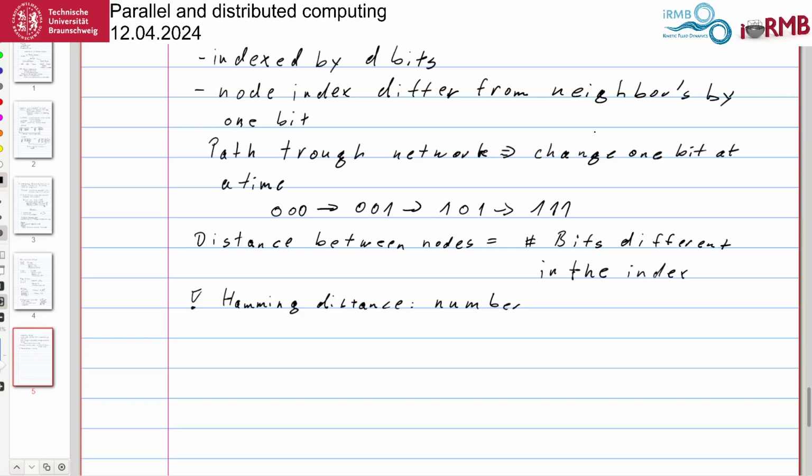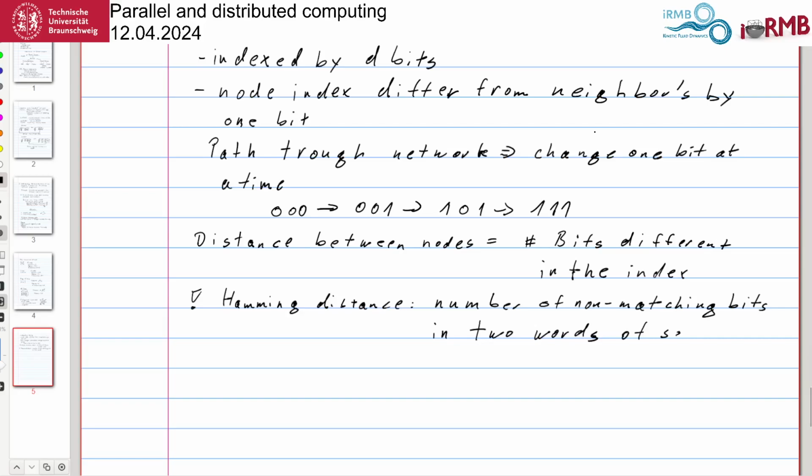The Hamming distance is the number of non-matching bits in two words of the same length.